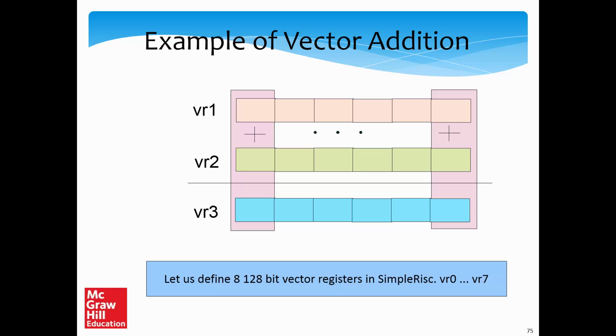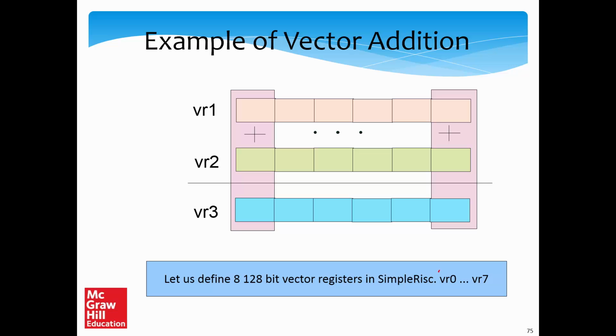So this is one more visual look at vector addition. Let's assume that we have 8 128-bit vector registers in SimpleRisc, called VR0 to VR7.